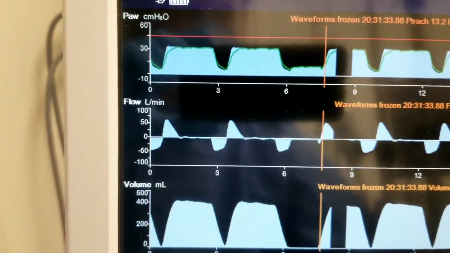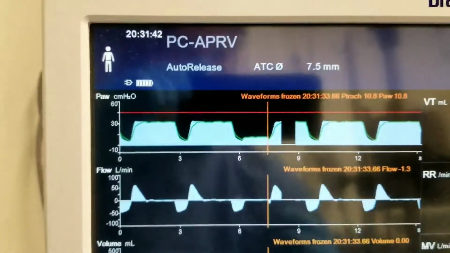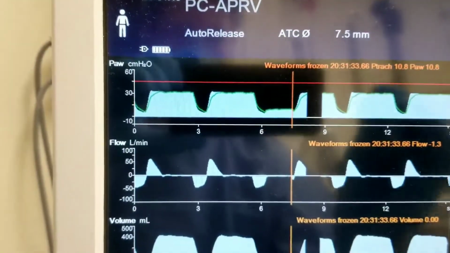Very often, the P low over here is within plus or minus 1 of the actual ideal peak.